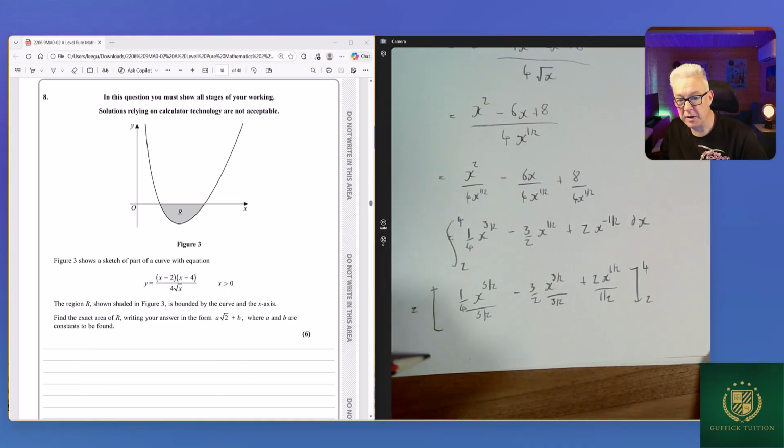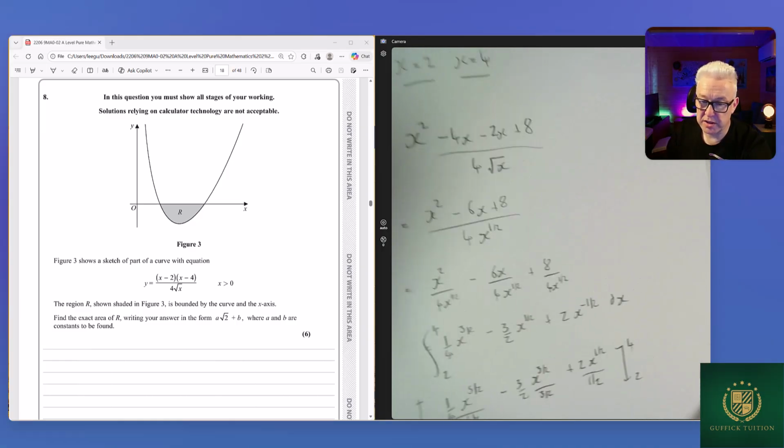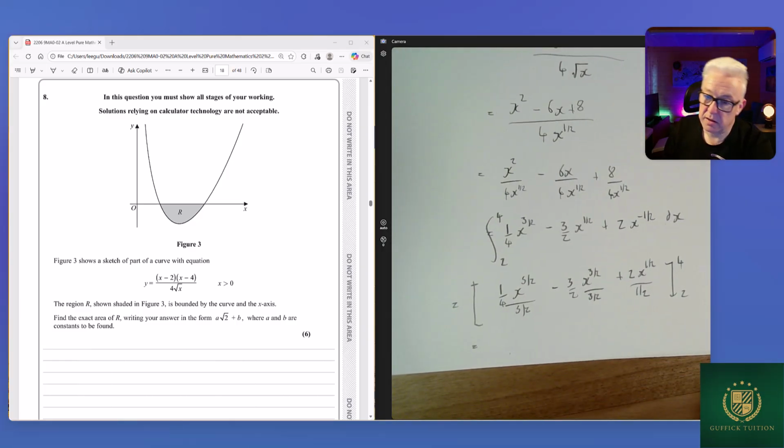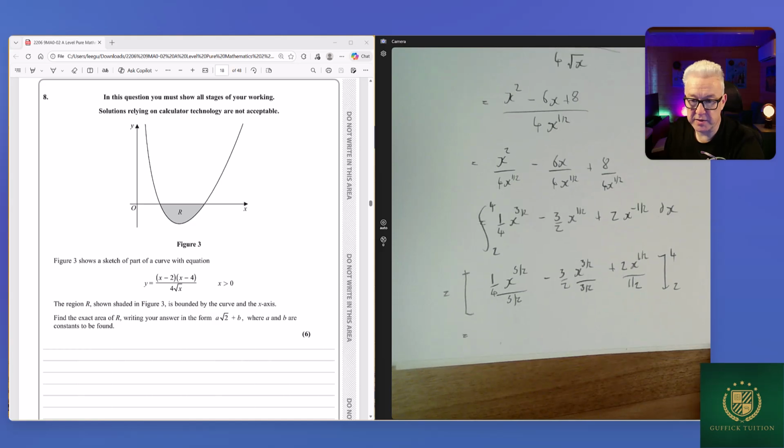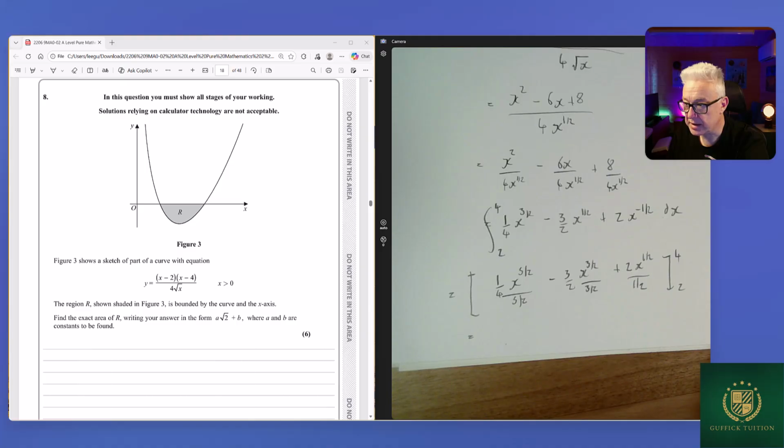Let's simplify that a little bit. A quarter divided by 5 over 2 is the same as times by 2 over 5, so that ends up as a tenth.